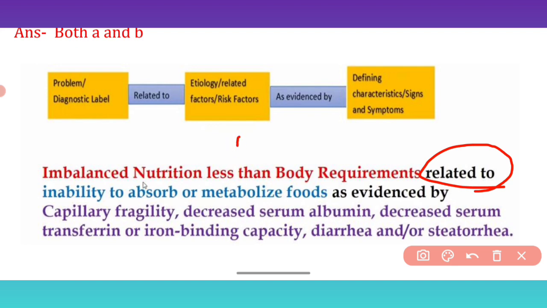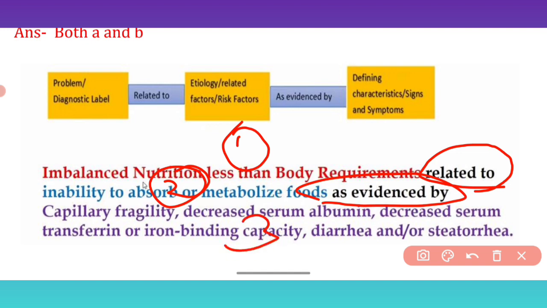So this is the first part, the nursing diagnosis. Related to inability to absorb or metabolize the food, this is the second part, as evidenced by capillary fragility, decreased serum albumin, decreased serum transferrin or iron binding capacity, diarrhea or steatorrhea, whatever it is. That is the third part of the statement.